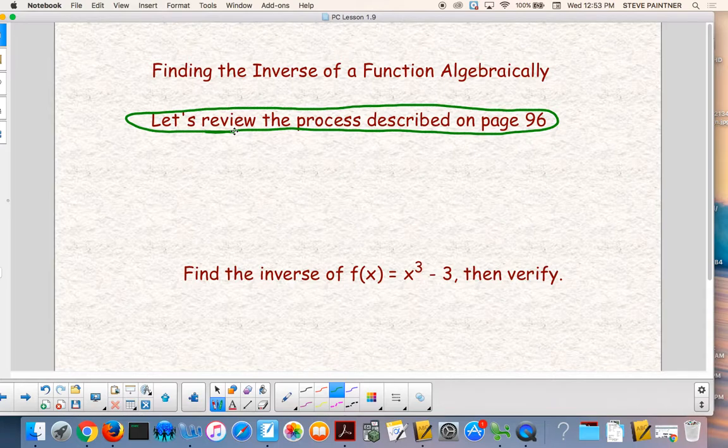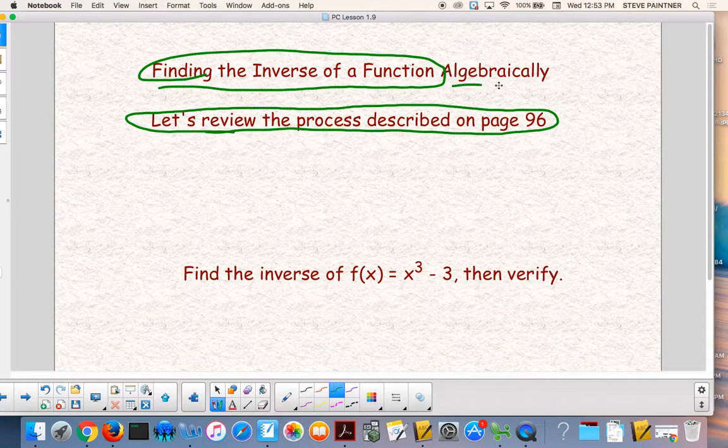Okay, so here's the deal. How do you do this? We're going to find the inverse of a function algebraically, which means basically we have to show our work. So I'm going to have to write it out for you. You should probably write it with me. It's 1, 2, 3, 4, and 5.